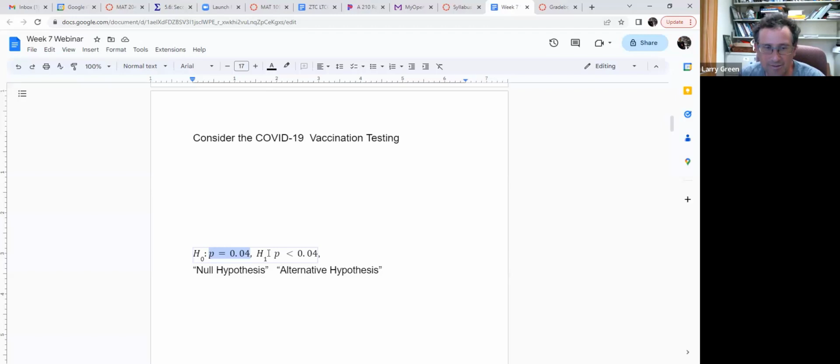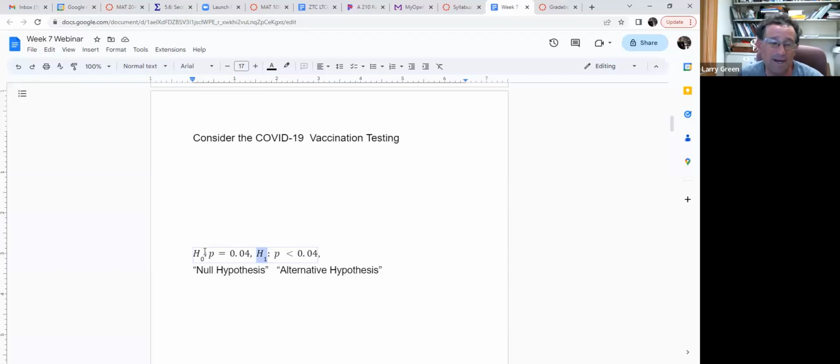Okay, then we have H sub 1. And there's actually two ways of writing this. H sub 1 you'll see more often, and that corresponds to the alternative hypothesis. The reason why a lot of people use 1 is it's a number after 0. But sometimes you'll also see H sub A for alternative. I usually do an H1 colon.